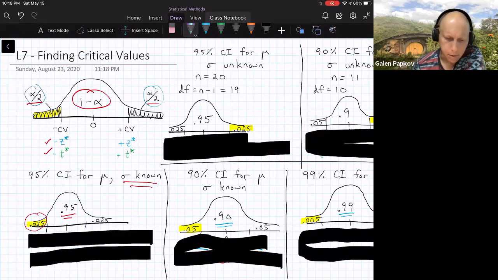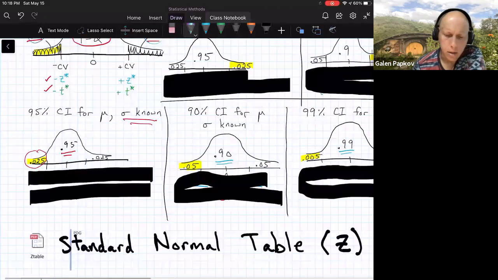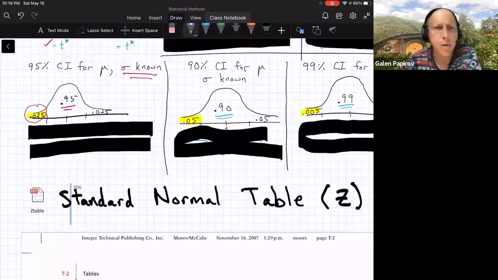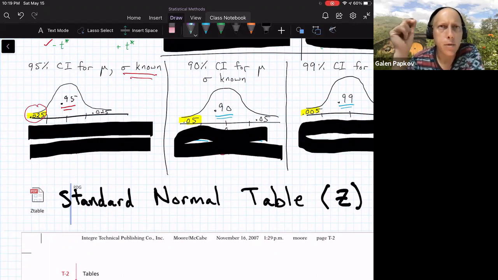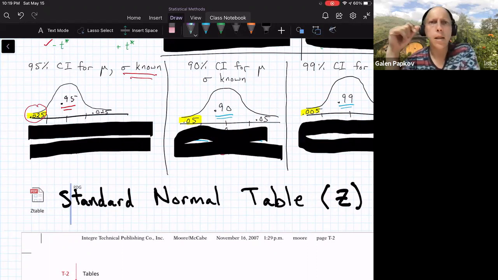Let's get to some examples, and I want to focus on these three that I've kept on the screen. If we want a 95% confidence interval and sigma is known, that signals us that we are going to be using the Z table. If you don't know why, look back at the last video.